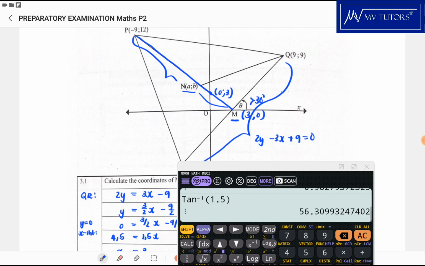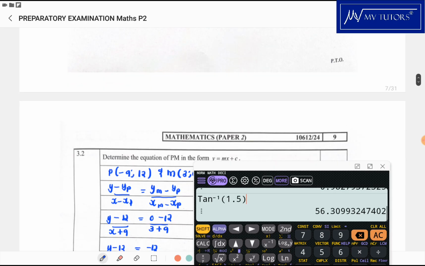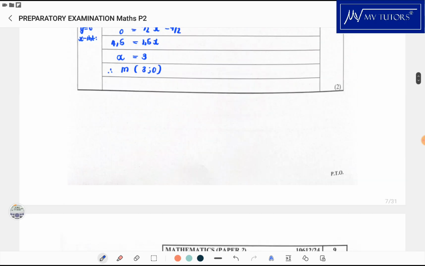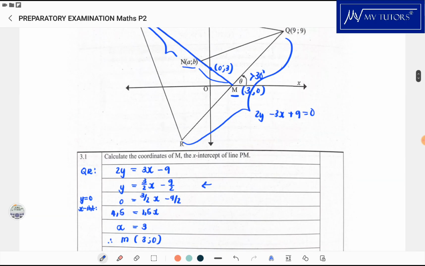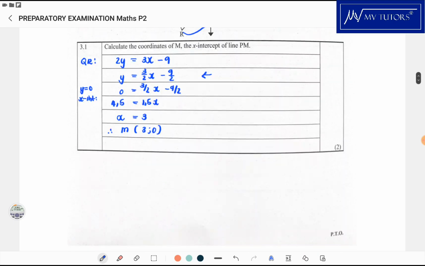We know that our equation for PM, we already determined that it is y is equal to negative x plus 3. So what I'm thinking is, how about we substitute A, B into this equation. Let's substitute the point N into this equation and let's see what it gives us.